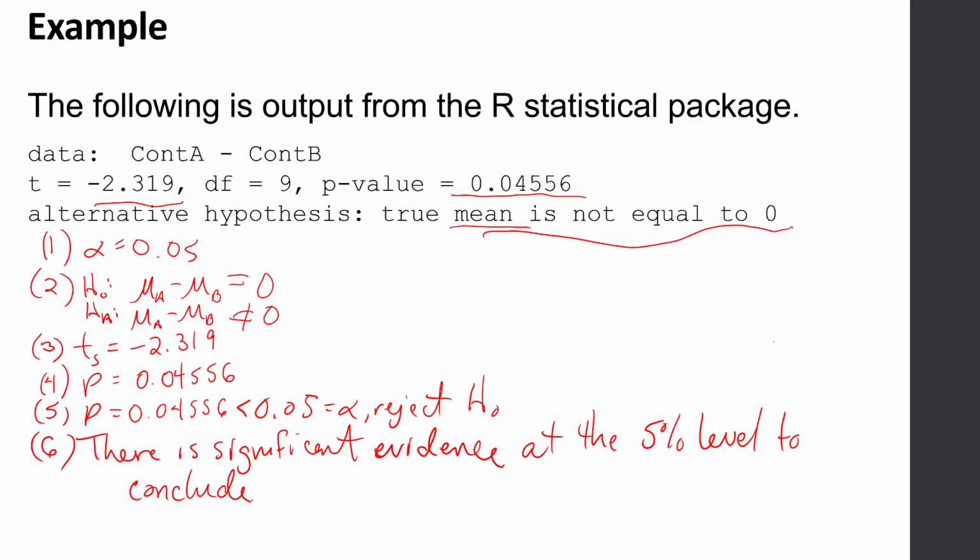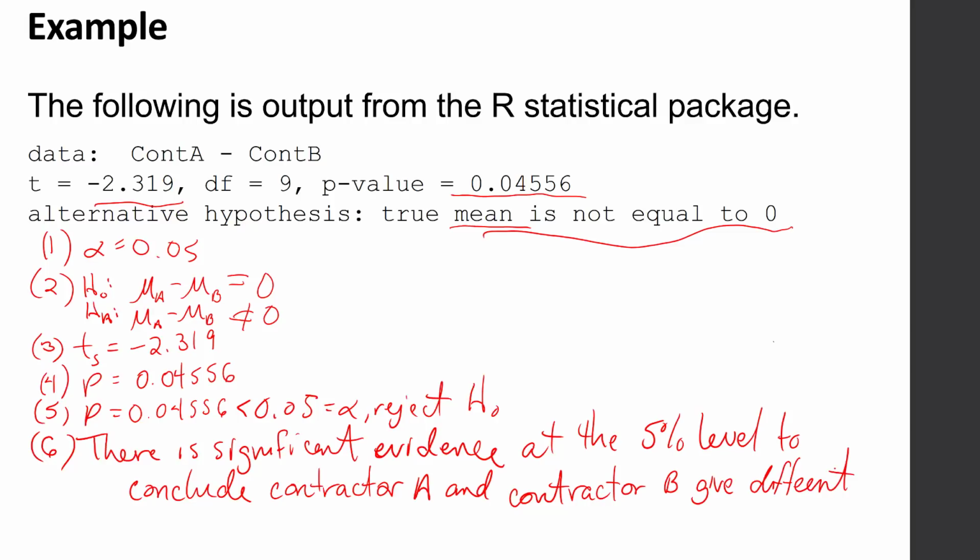To conclude, contractor A and contractor B give different bids on average.